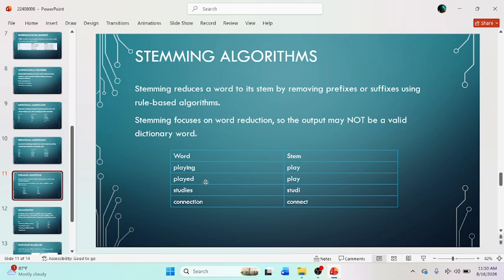For example, studies becomes studi. Studi is not a correct English word, but the stemming algorithm produces it by applying its rules. The main advantage of the stemming algorithm is that it is simple and fast, but the output may not always be valid.